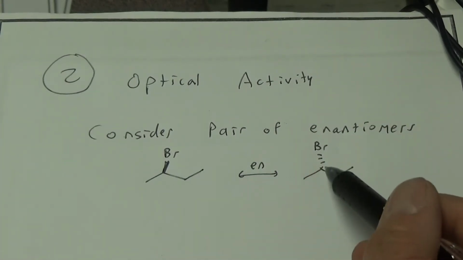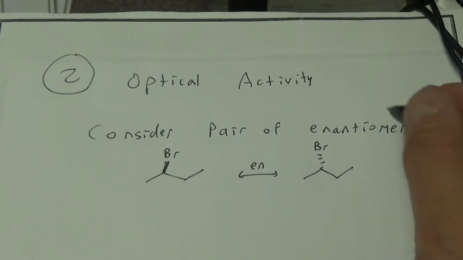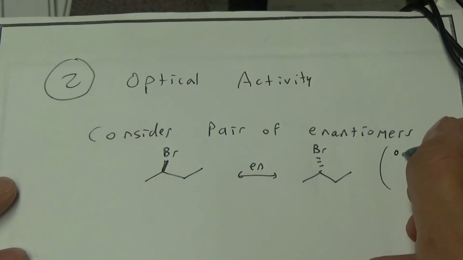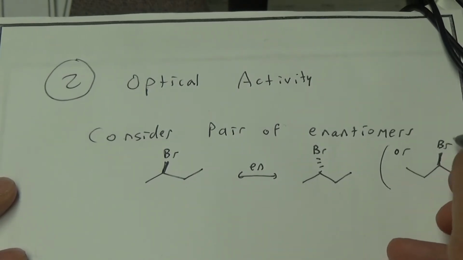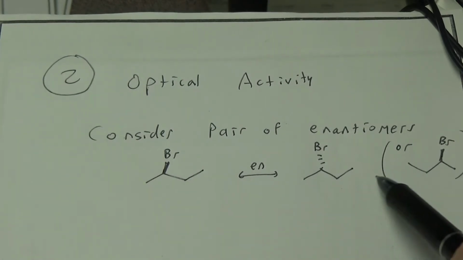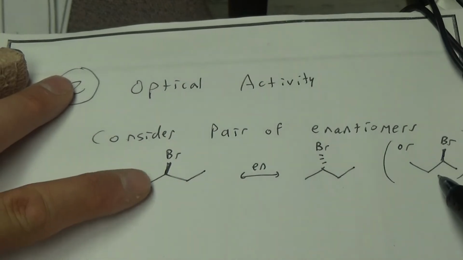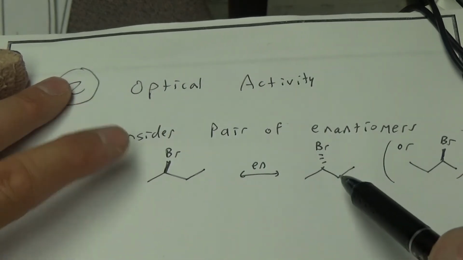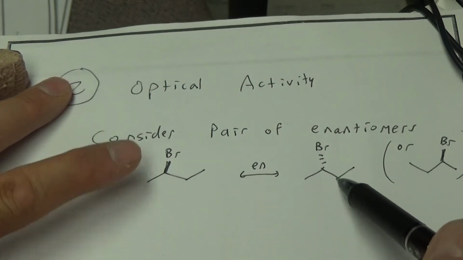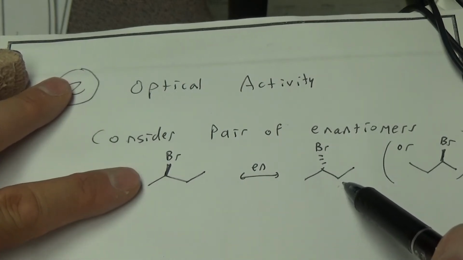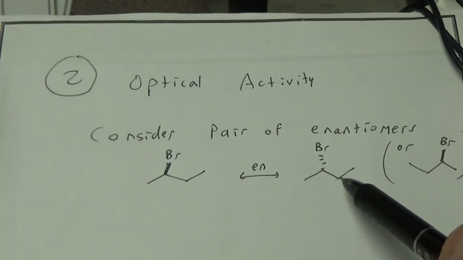Just keep it all lined up and show that the Br is going the other way. Those are enantiomers. This and this are the same molecule. These two show the mirror relationship, but I like to keep the molecules aligned and then just focus on a different configuration of the chiral center. All right, enantiomers.